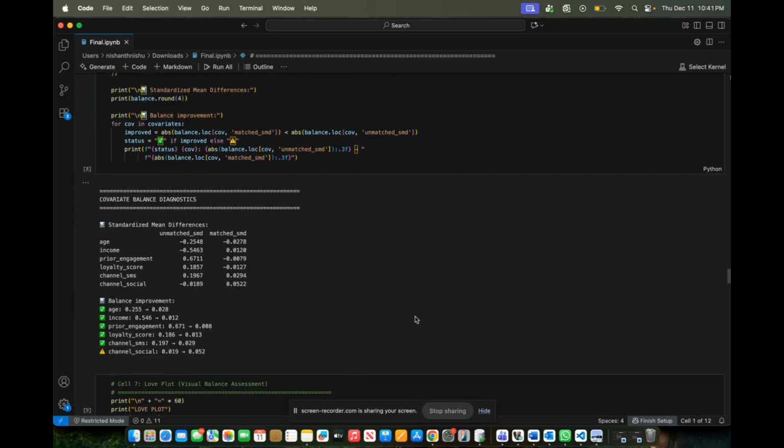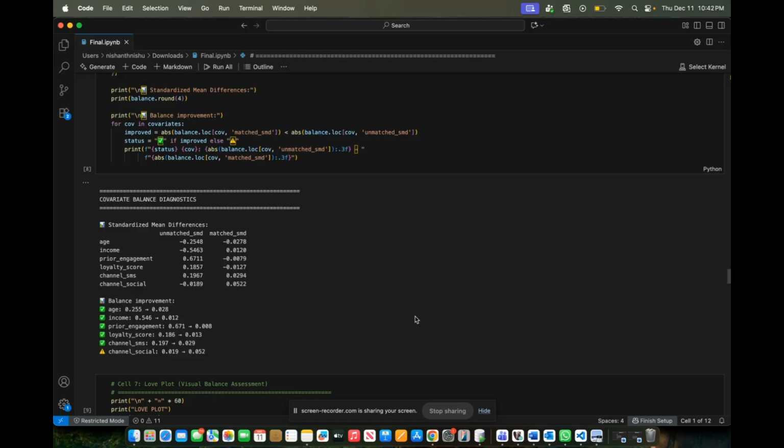Next, balance diagnostics. Matching is only valid if it improves balance. So we calculate standardized mean differences, SMDs, before and after matching. Before matching, loyalty had an SMD of 0.28, showing severe imbalance.